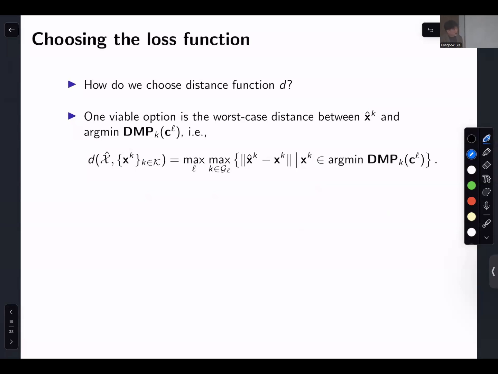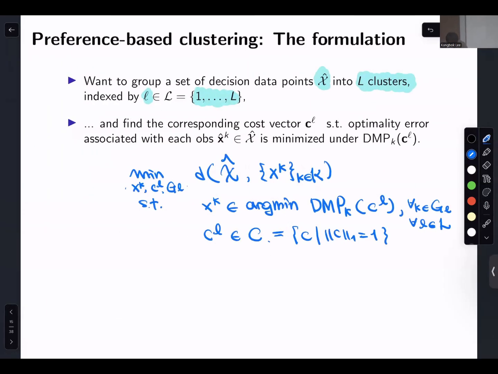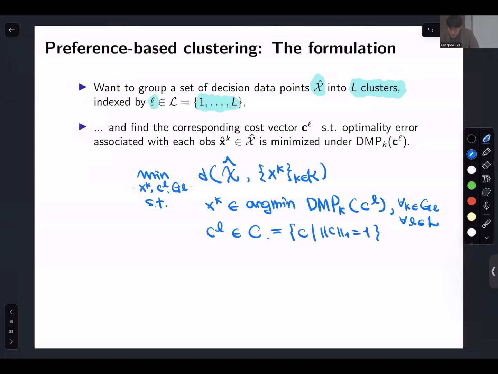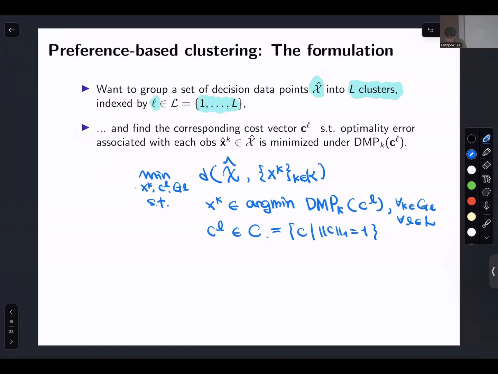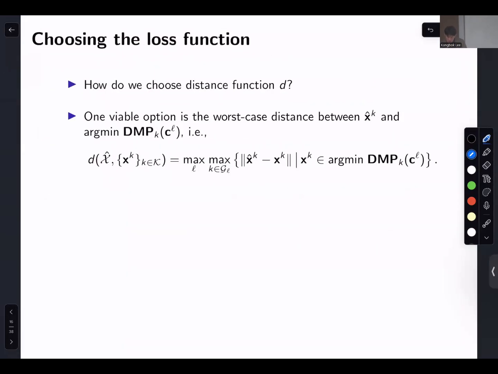How do we choose the distance function, right? Because we are minimizing the distance between the given data and the new data achievable by cost vectors, cluster-specific cost vectors. One way to do it is to look at the worst-case distance between the given solution and the argmin set of the DMP problem when you actually use CL.